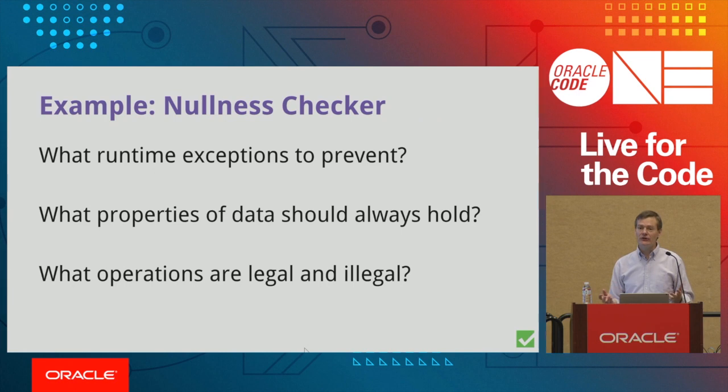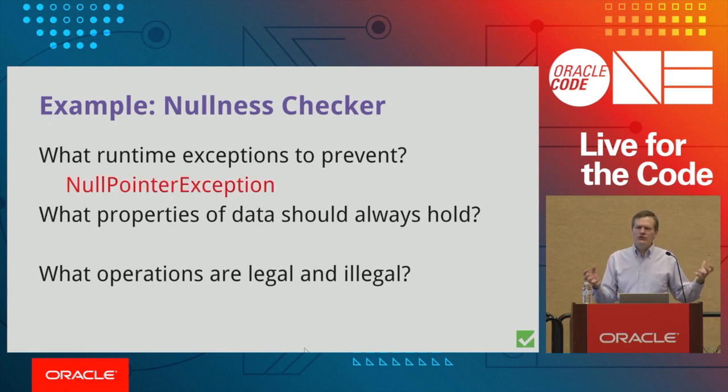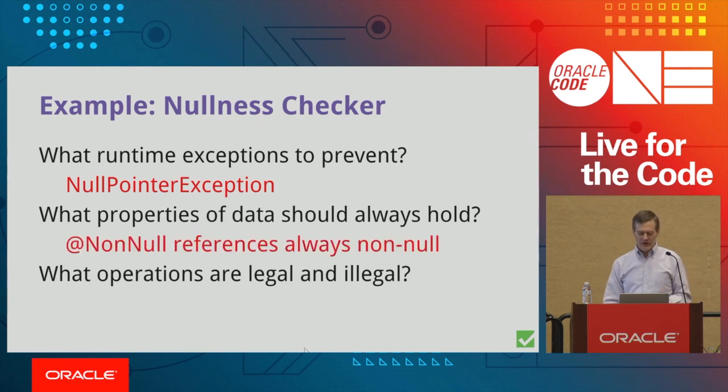So one example is the nullness checker. What is the runtime exception we're trying to prevent when we think about running the nullness checker? Yes, null pointer exceptions. Very good. So what are the two types? Thank you. I'm glad someone has seen that. What are the two types of data that we ended up dividing the world into? Yeah, things are either null or non-null.